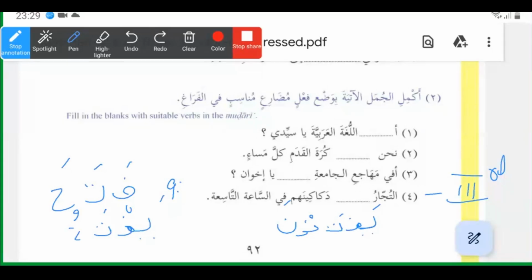Dakakinahum. Dukan, the jama is Dakakin. So Dakakina, because it's a maf'ul bihi, the action was done on the shops. So Yaftahuna is the fa'il, the subject, and the action is done on the shops. It's mudaf, and whom is the mudaf ilayh. Fi sa'ati al-tasiya, it is jar majroor, and this is mawsuf and sifat. This is the adjective, and this is the noun qualified. As-sa'at at-tasiya.